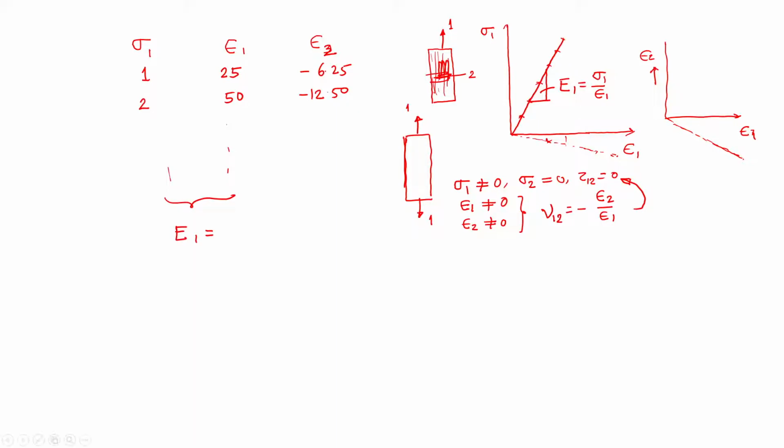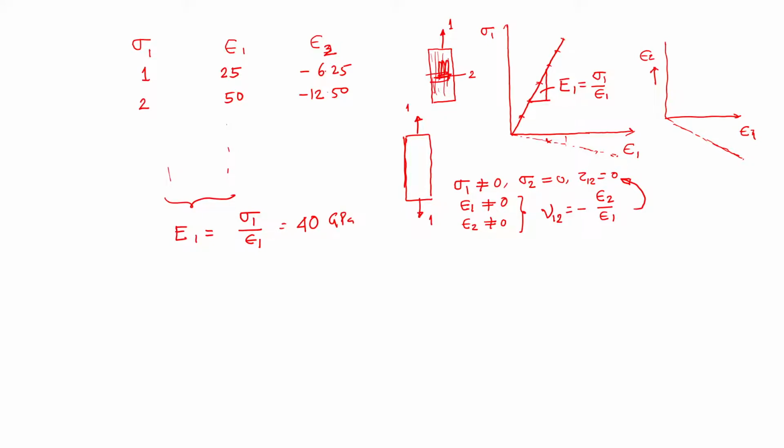Young's modulus is stress by strain. This data actually represents a linear set. You can see it is linearly proportional. Therefore, from this you can find out the stress by strain: 1 megapascal divided by 25 gives you 40 GPa, or 2 megapascal divided by 50, the same.